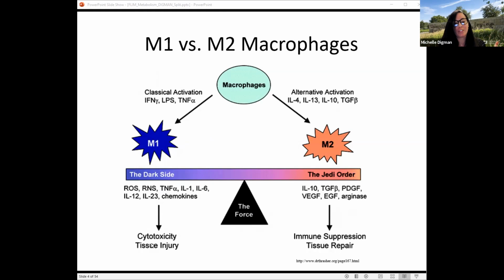So M1, for example, are cells that are kind of toxic. They stimulate cytotoxicity and tissue injury, so they're on the dark side. And if the macrophages differentiate to M2, they're the Jedi order, and they have immune suppression and tissue repair.